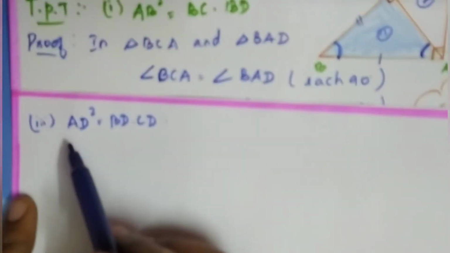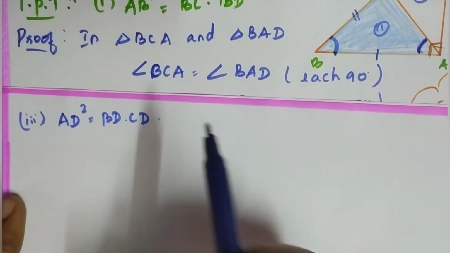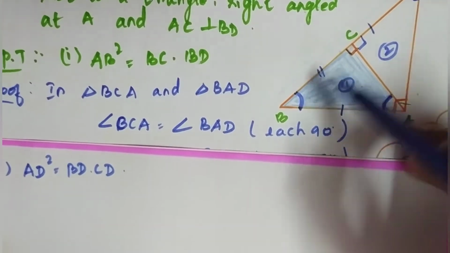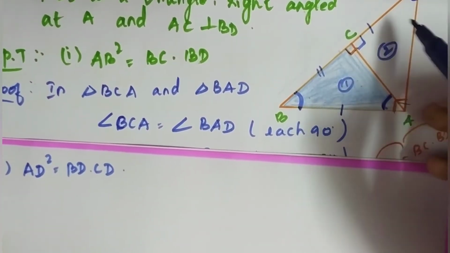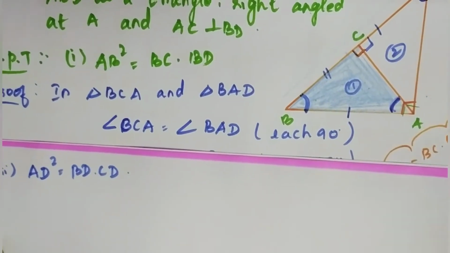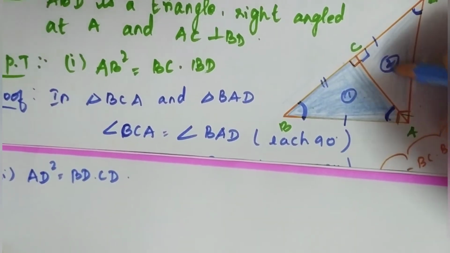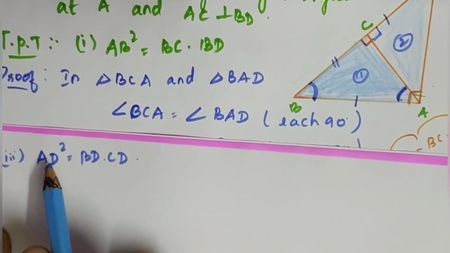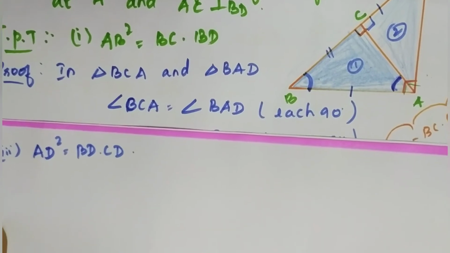So now we have to prove the third one, that AD square is equal to BD into CD. So where is BD? The full side BD, and CD is where? Here. So I have to choose this triangle and the whole triangle. Based on the proof only, I am finding the triangles.